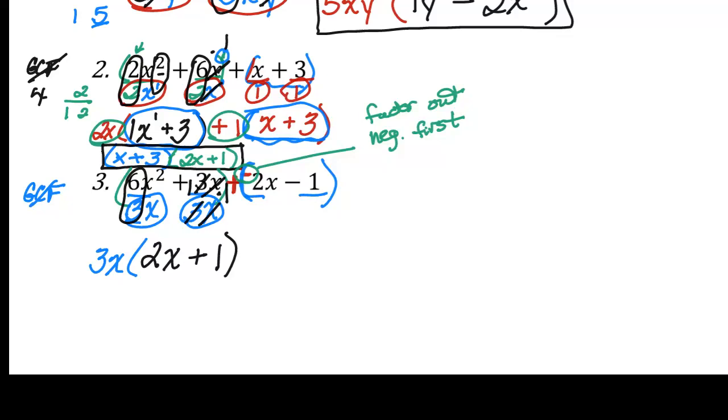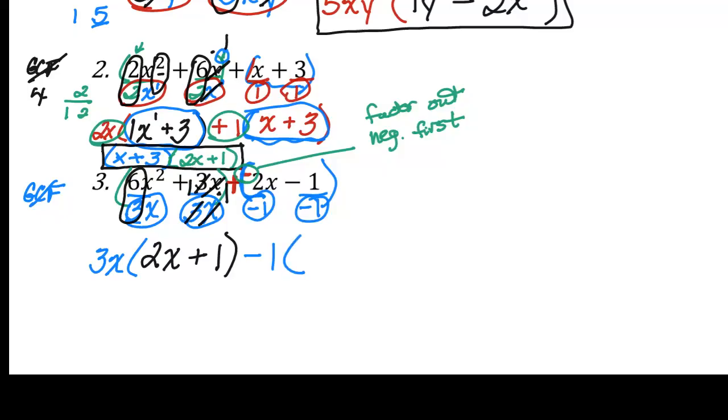So I'm going to factor out a negative 1 and a negative 1 from here. And variable-wise, I only have 1x. So this becomes, factoring this out as my greatest common factor, a minus 1.